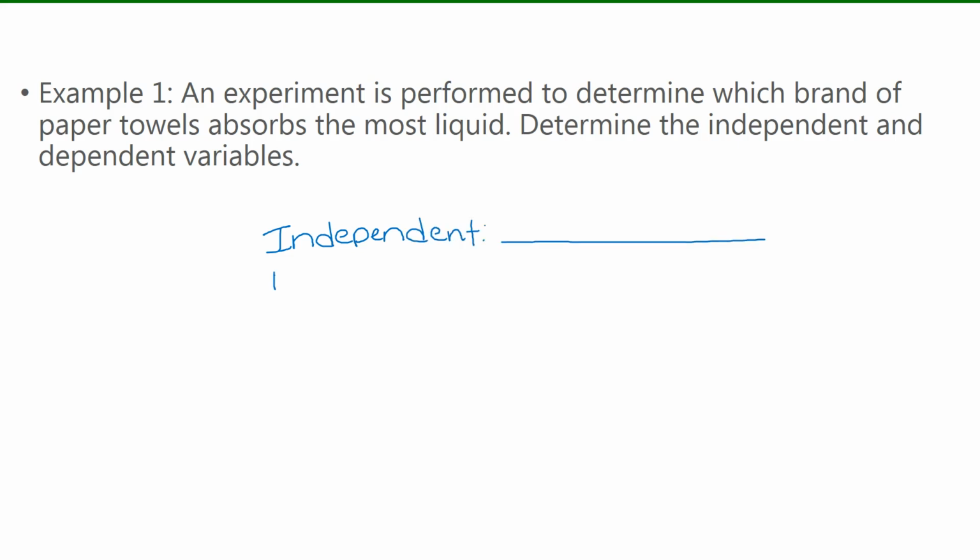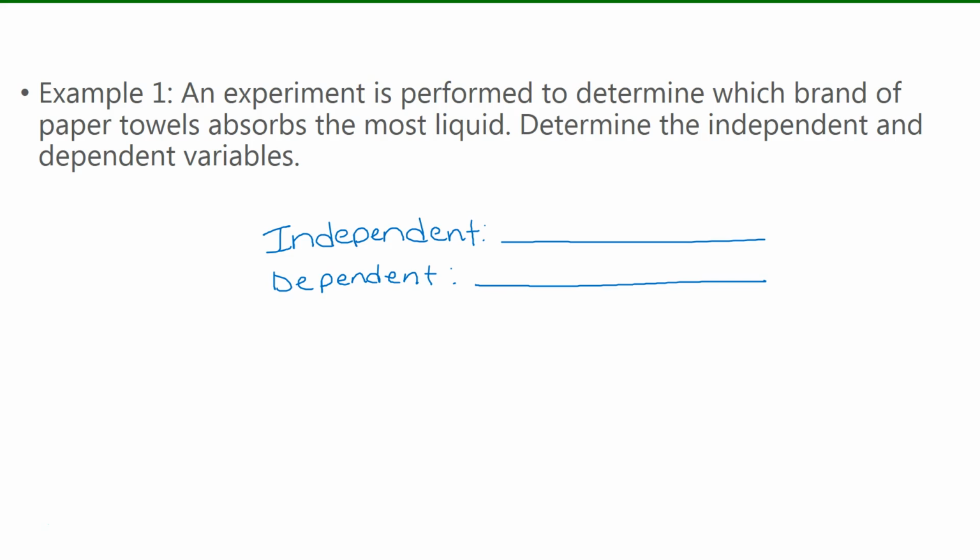So we do have two variables here. We have the brand of paper towels, and we have the amount of liquid being absorbed. So changing the brand of paper towel is also going to change the amount of liquid being absorbed. You can think of it that way. Or as I said, the dependent variable is what's being measured here.